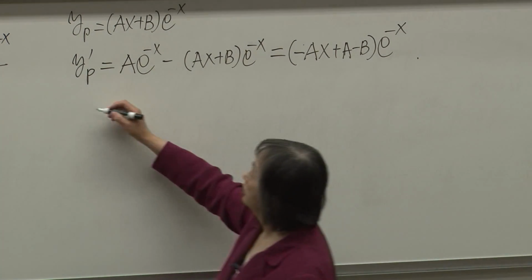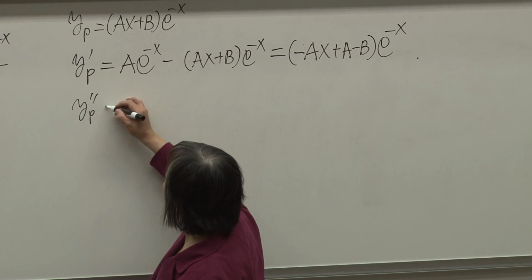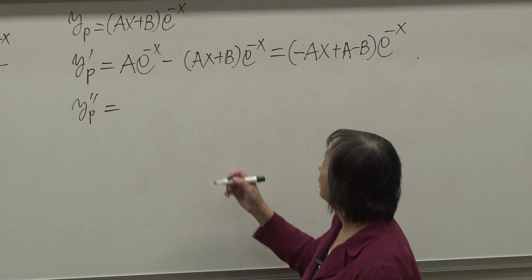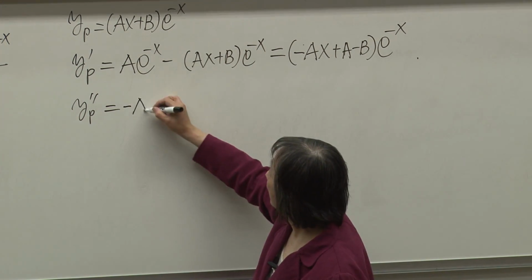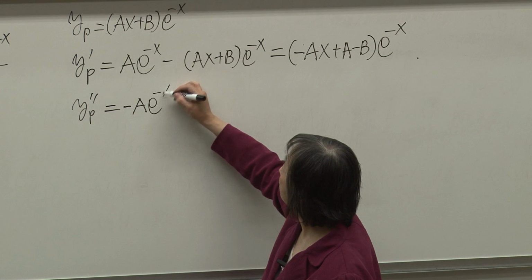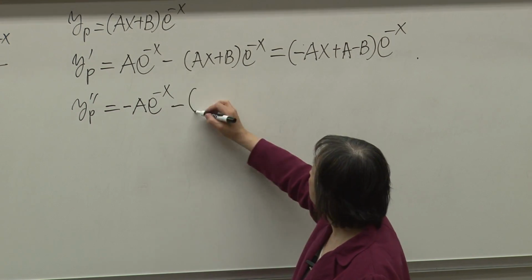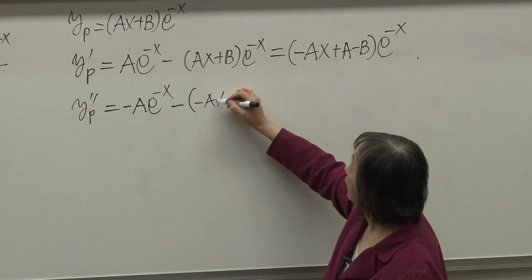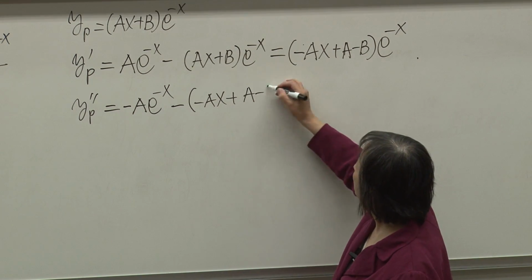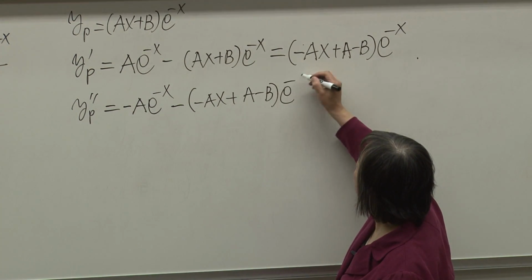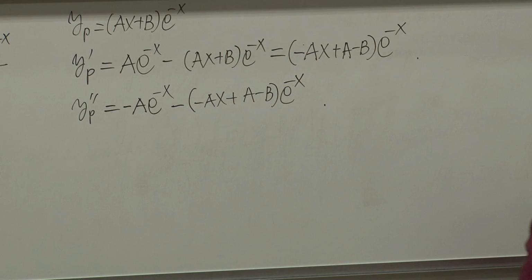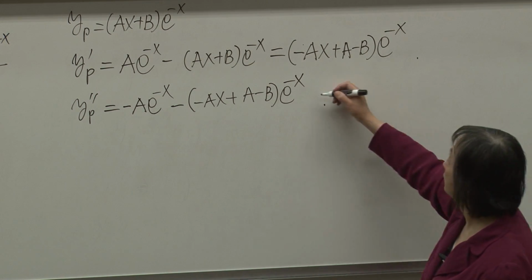And then we use the product rule to find the second derivative. Then we get negative a times e to negative x, minus quantity negative ax plus a minus b, times e to negative x. We combine the coefficients again.